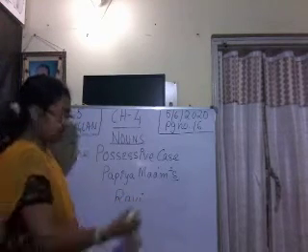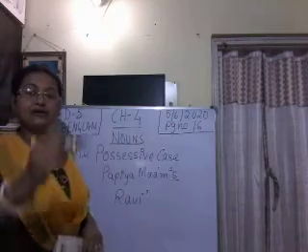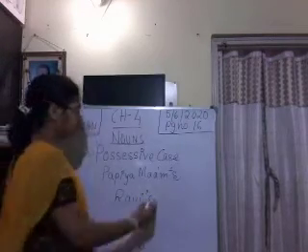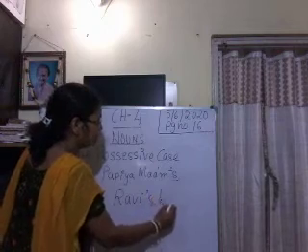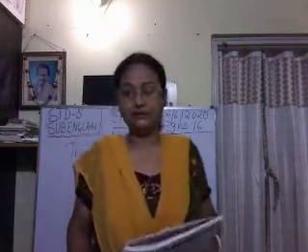R-A-V-I is Ravi. This is called apostrophe. Apostrophe means a raised comma. Then I'll put an S. Ravi's book. Is it clear to you?